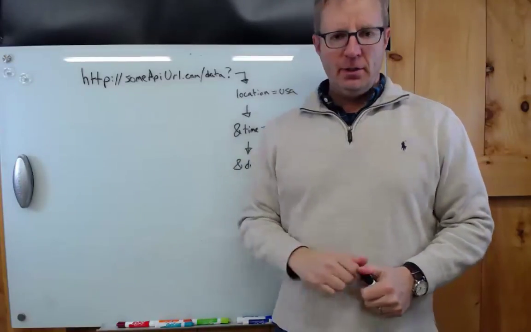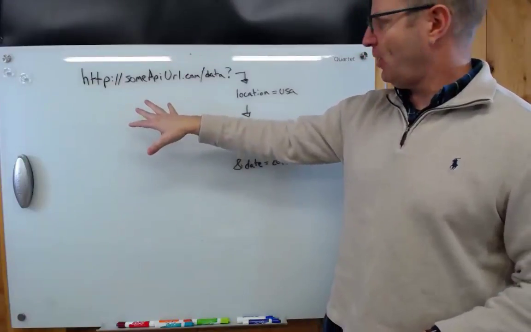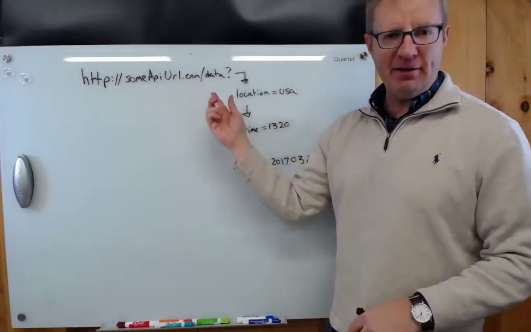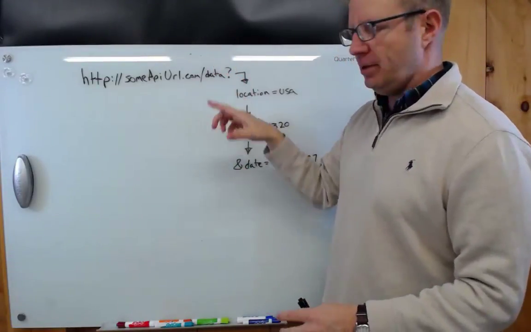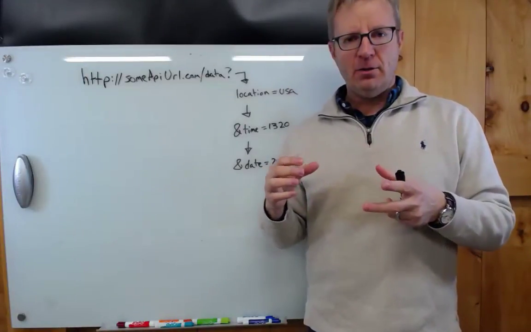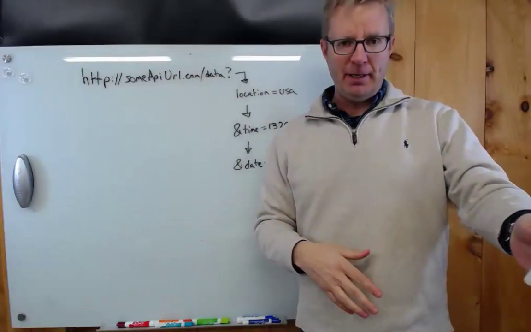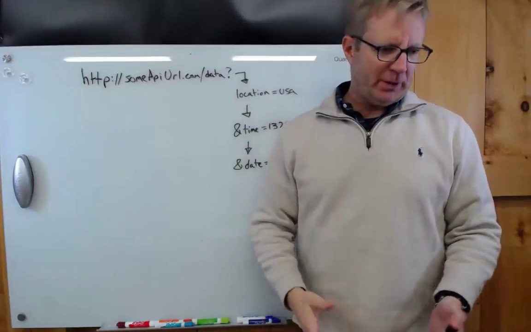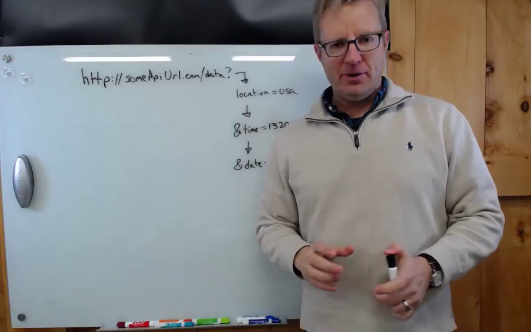You would dial into some URL, and I've got this arbitrary URL, some API URL.com with some path to its data feed, and it usually goes something like this, where you have a query string that we need to build ourselves to tell the API what information it is that we want, and it could be anything depending on what we're going to use.